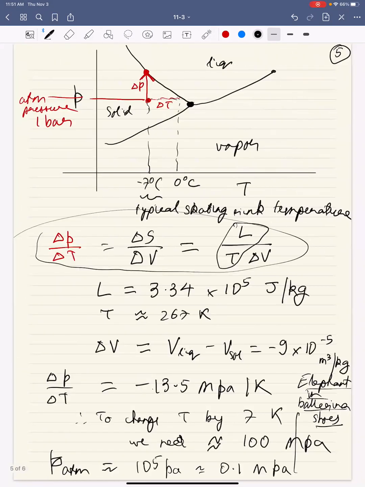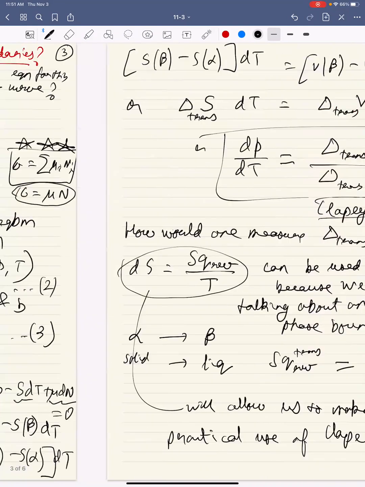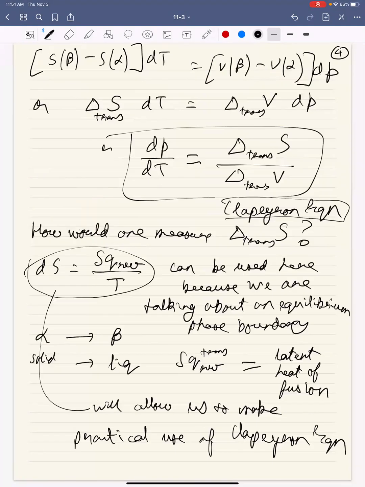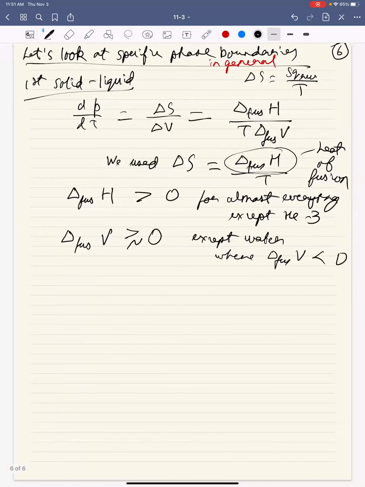So what was the number of our equation? Let's call this equation number 4, the Clapeyron equation, and let's call this one equation number 5. It doesn't really matter. Therefore, in equation 5, the numerator is always positive.